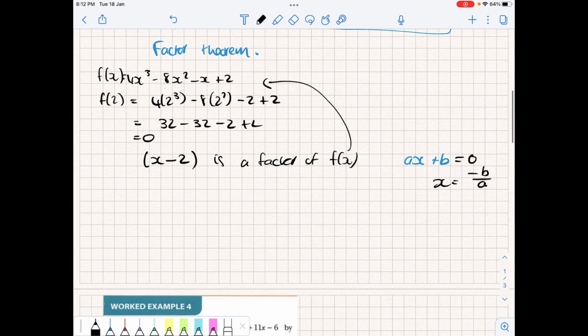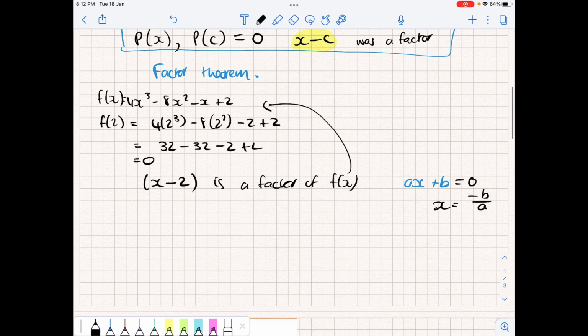And again, using this idea, we can say for some polynomial p of x, if we substitute in the value of minus b over a, so in other words, some fraction, and it gives us 0, that fraction could be a half, then ax plus b is a factor.